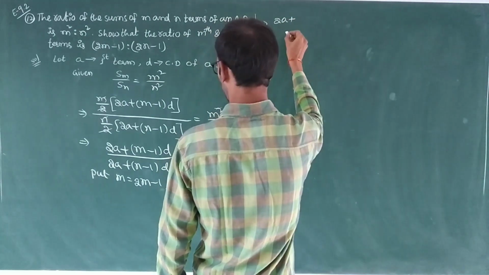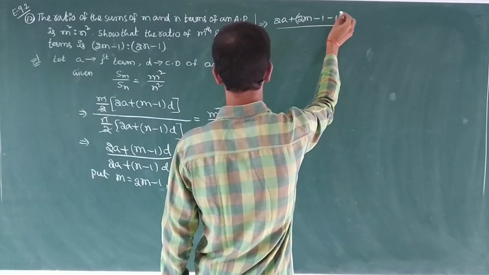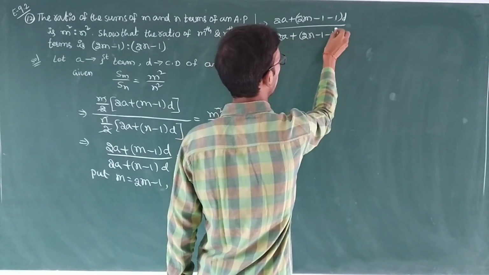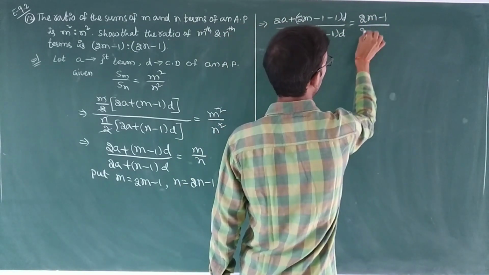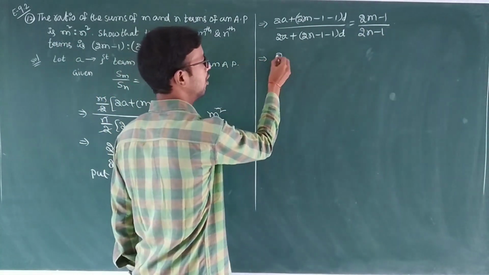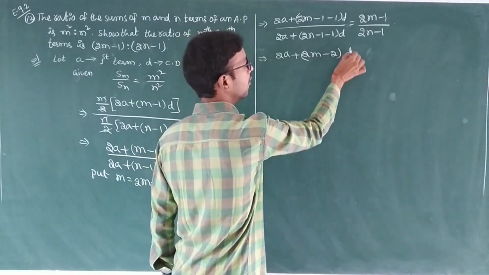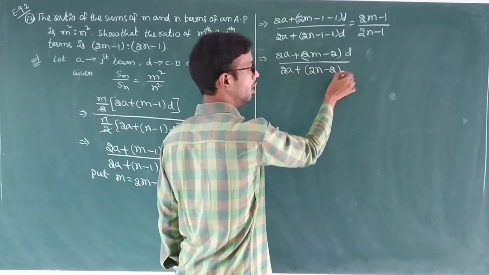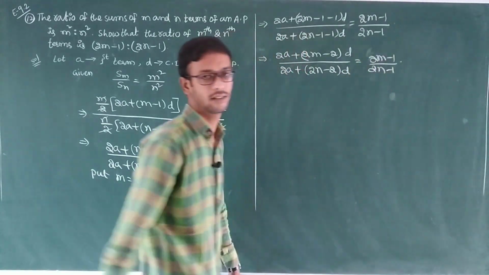2a + (2m − 1) divided by 2a + (2n − 1)d is equal to (2m − 1) divided by (2n − 1). So now make the simplifications here. (2a + 2m − 2) by (2a + 2n − 2) into d is equal to (2m − 1) by (2n − 1).